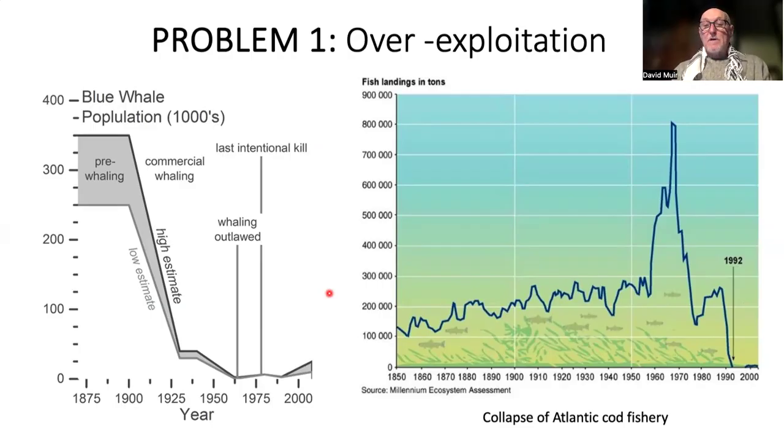When we talk about over-exploitation, what we mean, as you'll discover when you watch some of the videos that I have put up for you, is when we take out product faster than it can be replaced by the standing stock of the resource.